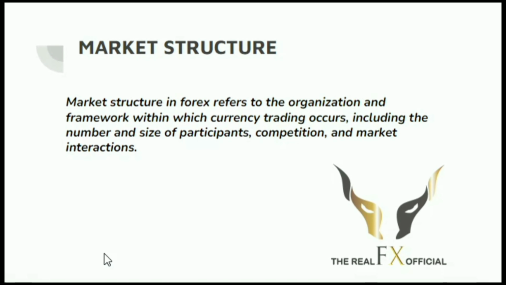So actually people mix up price action and market structure. Before understanding market structure, let's understand what price action is.